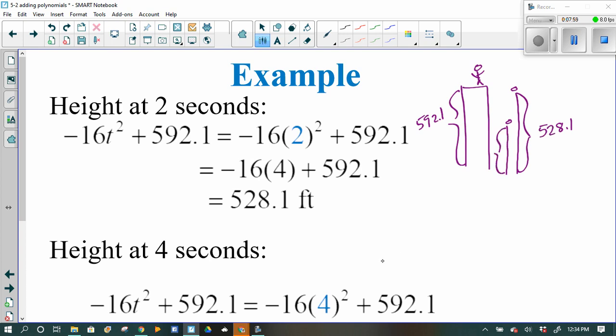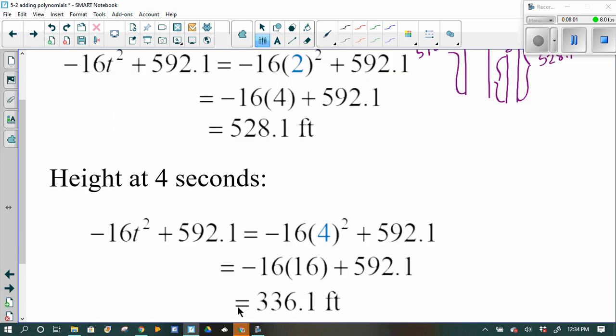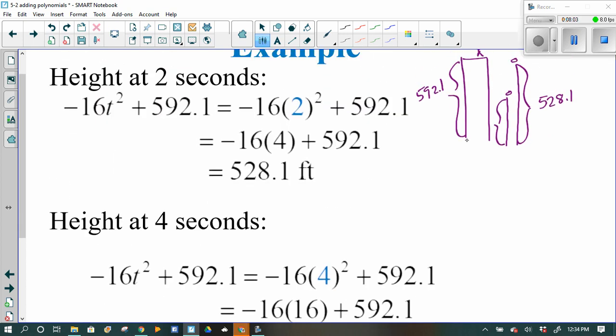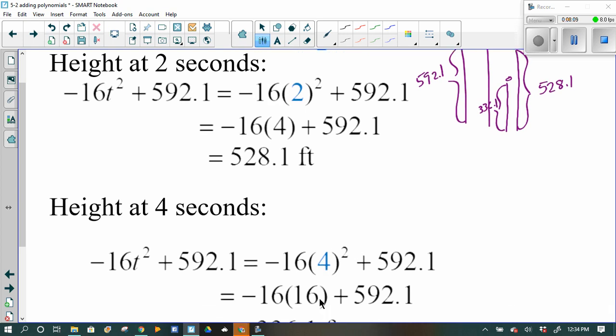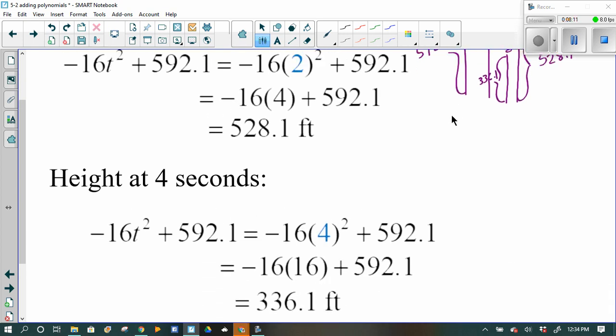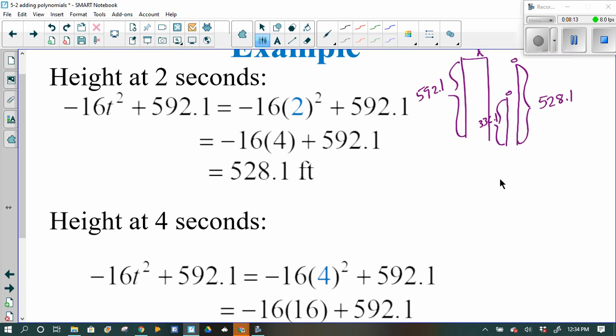So now it is 336.1. So plugging in that 4 seconds where you see the t, and that's how you're able to find it. So if I wanted to know where it was at another time increment, I would just plug in that time in place of t.